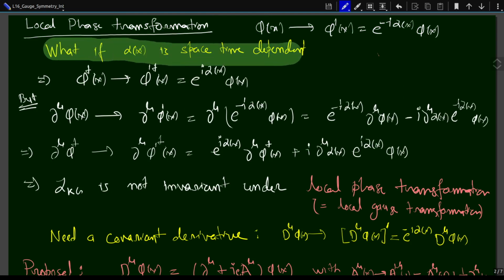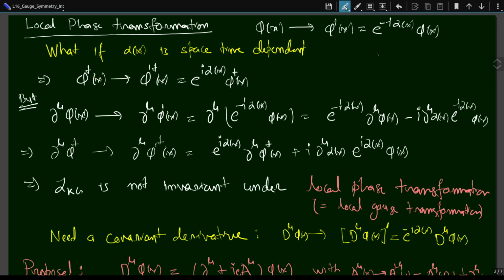What if alpha of x is space-time dependent? Given this is the transformation of phi, the transformation of phi dagger is phi dagger of x goes to phi prime dagger of x, which is exponential plus i alpha of x times phi dagger of x. I made the correction.